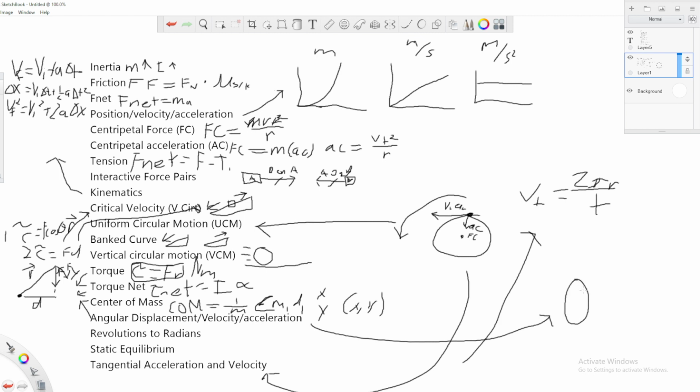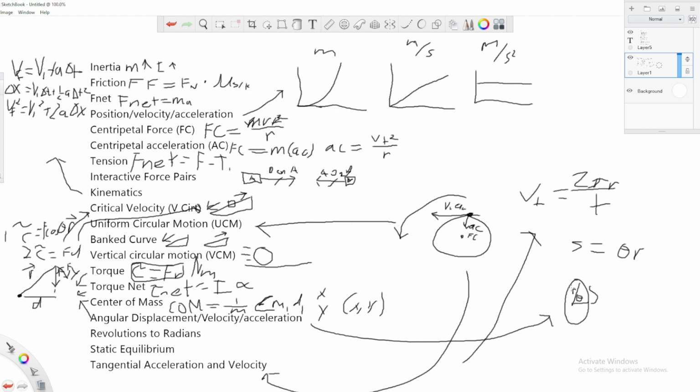So you got your circle. You got your radius. And you got your theta. And you got your arc length. And your theta is your angular displacement. Remember that S equals your angular displacement times your length of radial arm.